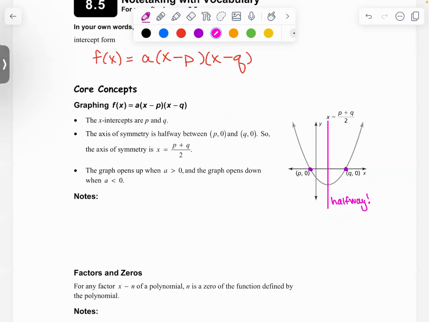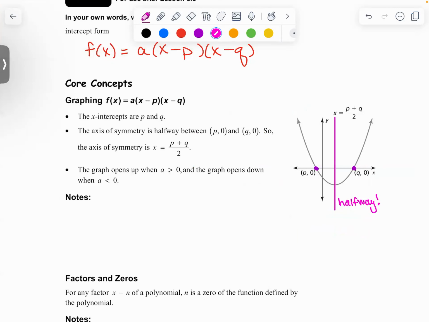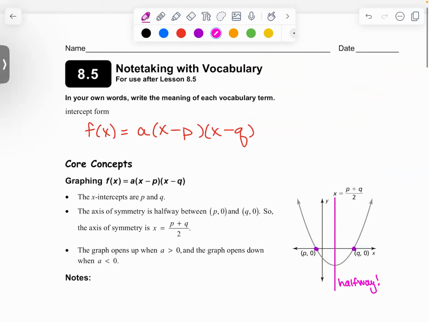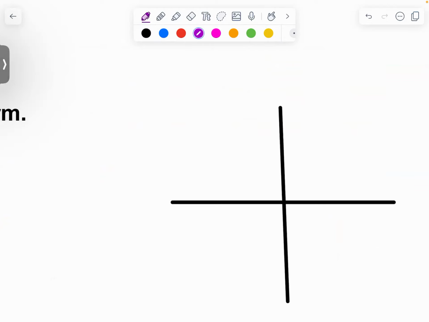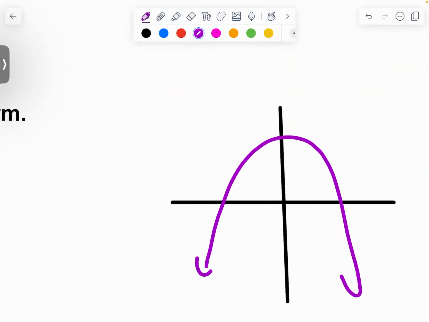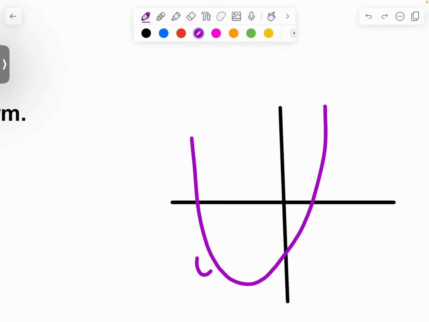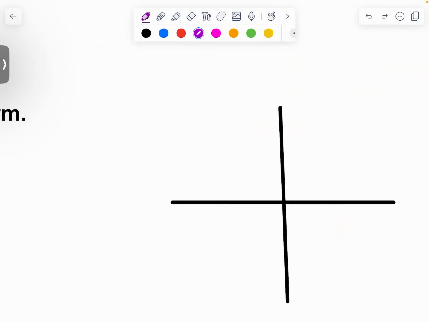What if it doesn't intersect? Ooh, what if it doesn't intersect the x-axis? What would that look like? Under it or over it? Well, you're going to have to be more specific than that. It can be over it. Or upside down, reflected.